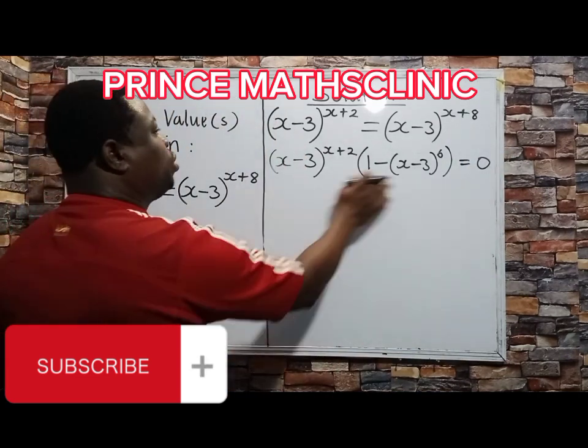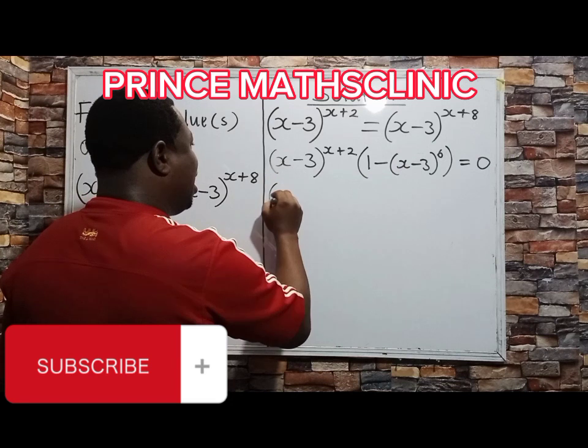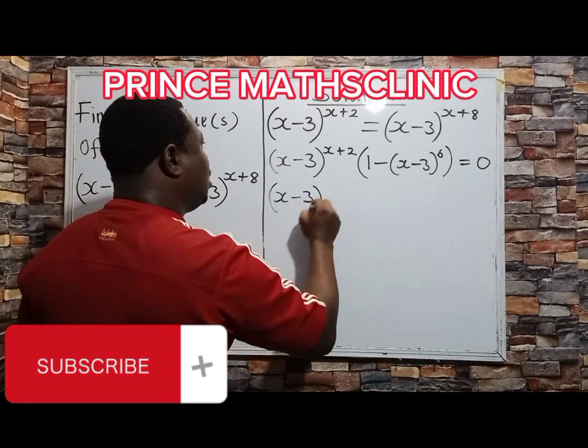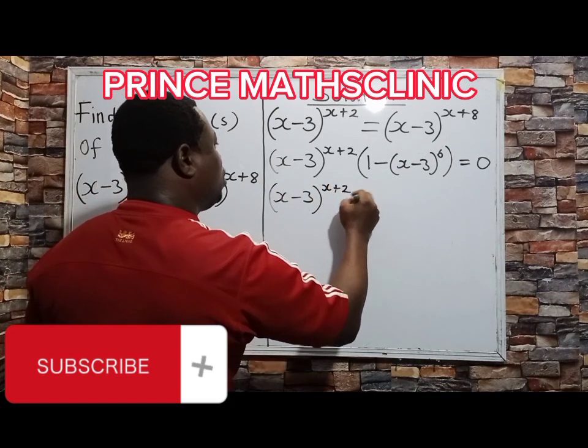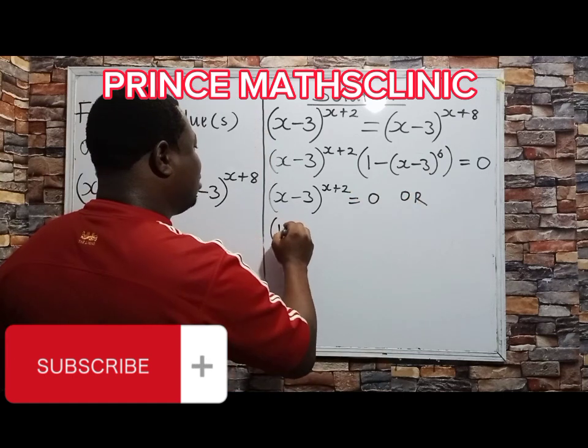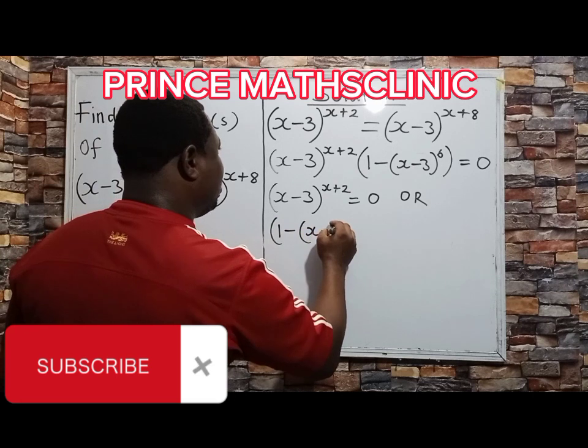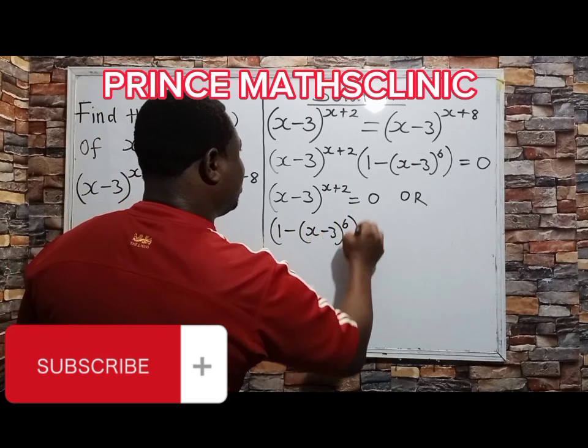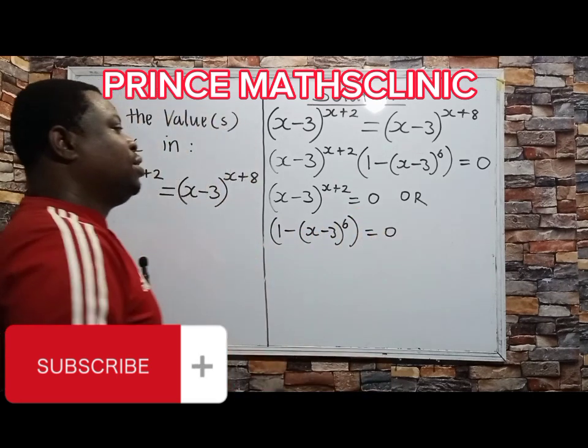Since we have these two products here, it means that (x − 3) to the power of (x + 2) equals 0, or 1 minus (x − 3) to the power of 6 equals 0.